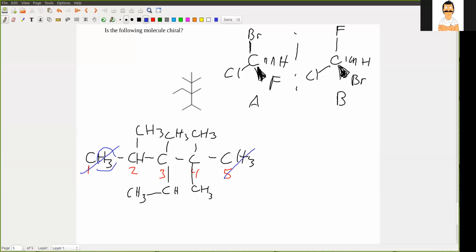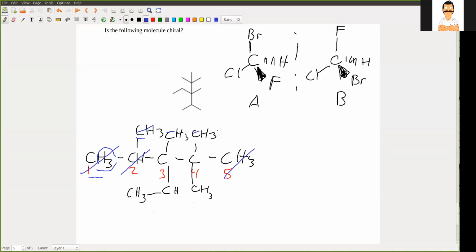Carbon 2 has a hydrogen, a methyl group, this large group here that encompasses everything to the right of that carbon 2, and a methyl group. That means it has 2 methyl groups on it, from carbon 1 and the methyl group above. So carbon 2 is not chiral. Similarly, all these methyl groups will not be chiral, and neither will the ethyl groups.